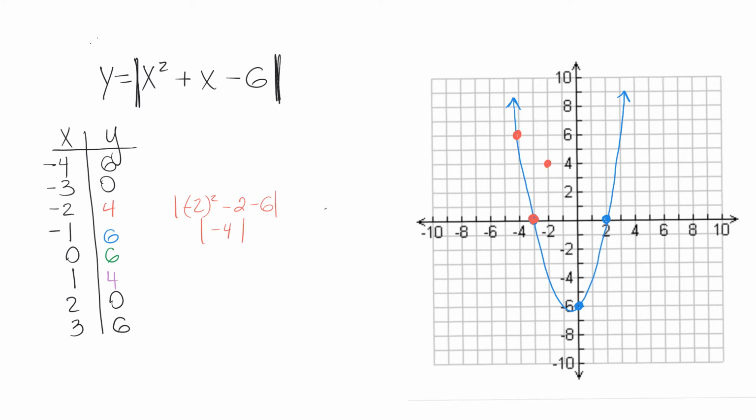Negative 1, 6. Okay. 0, 6. Here it is. 1, 4. I feel like we're playing bingo. 2, 0. Back on our x-intercept. And then 3, 6. Oh, man, I drew a good graph last time.